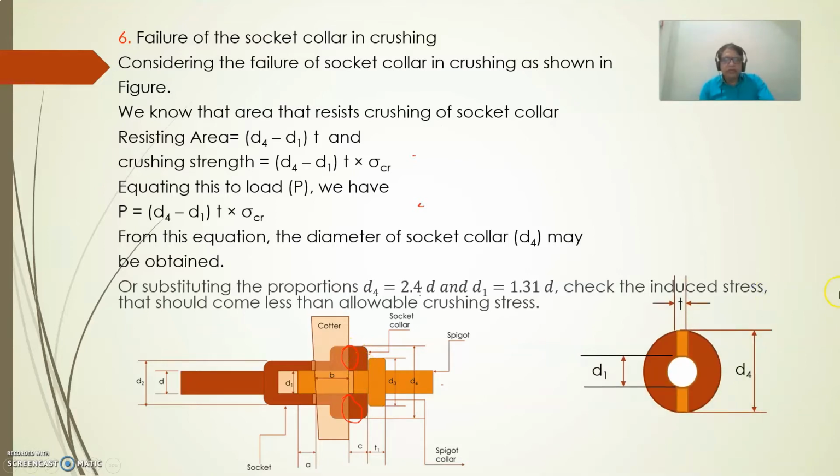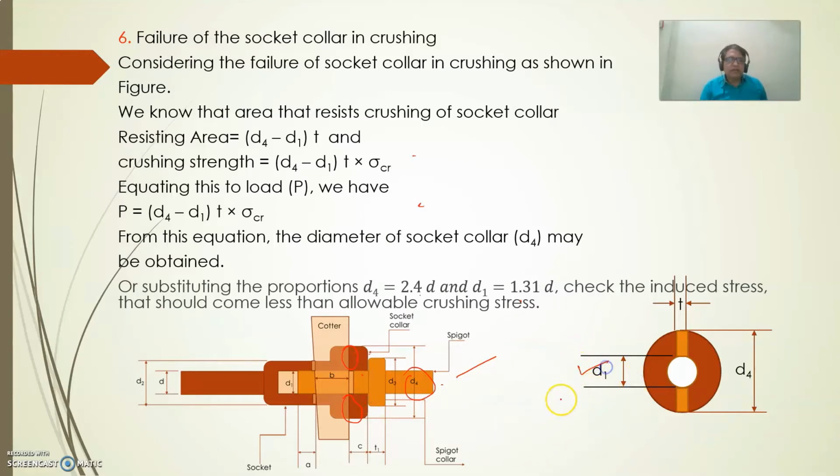So you can use here, D4 is the outside diameter. This dimension is the outside diameter, it is D4, it is given here, right? So that is D4, minus this dimension, that is nothing but D1, right?